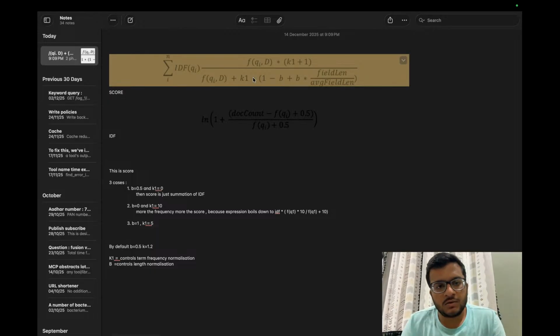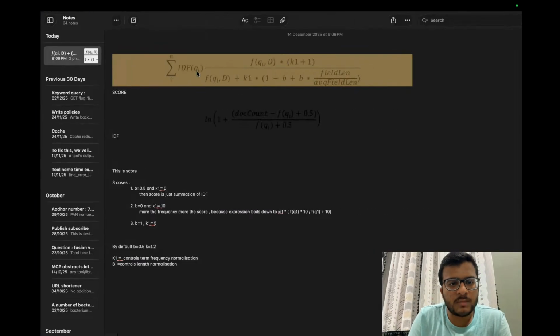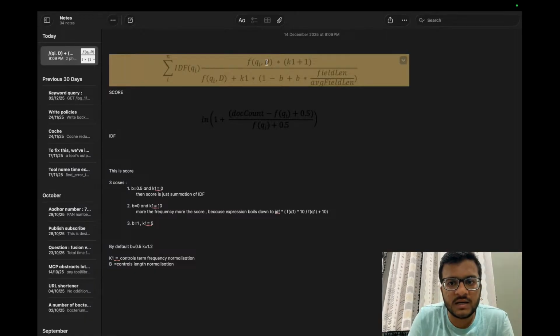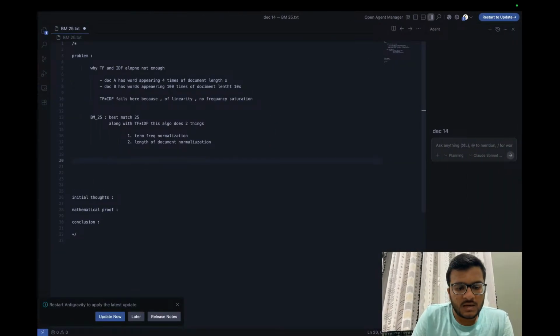So if you see this formula, you have here IDF, which is the inverse document frequency of Qi. Let me tell you what Qi is and what D is. Qi is the ith query term.